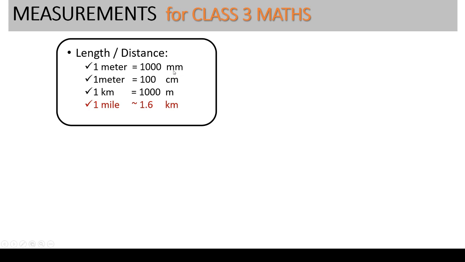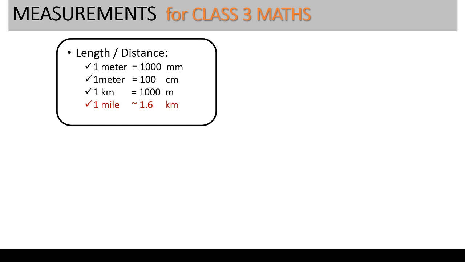Milli stands for 1000. 1 meter is equal to 100 centimeter. Remember, cent is nothing but 100. So 1 kilometer is 1000 meters. So kilometer is the greater measuring unit. And finally, 1 mile is approximately equal to 1.6 kilometers.